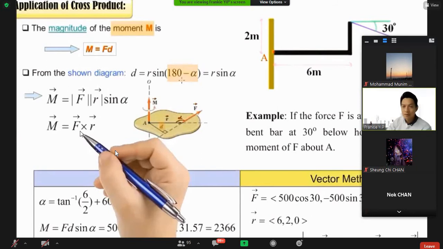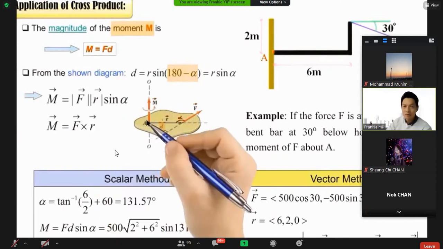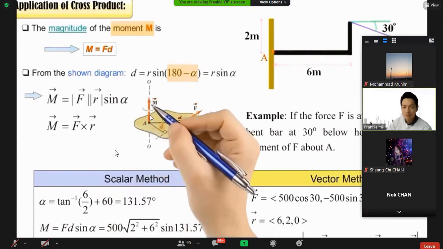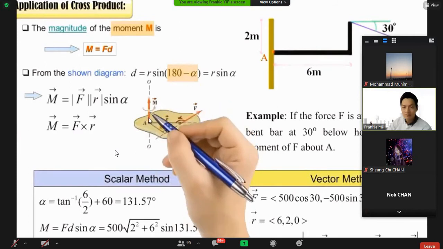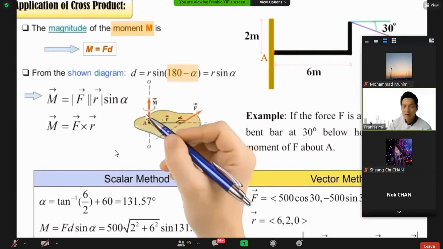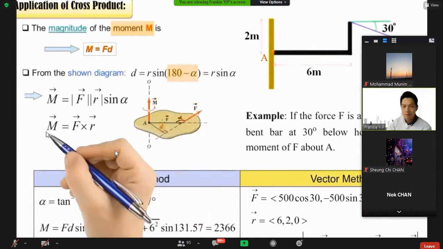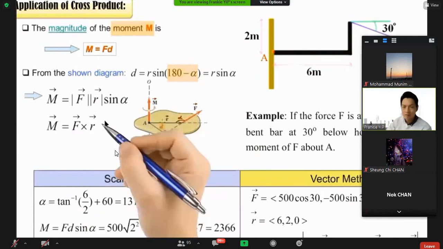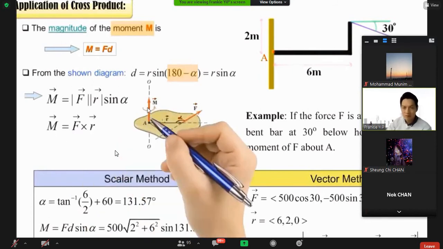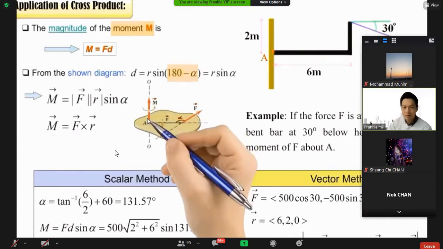And I would like to let you know the final result is also a vector. It's pointing upward, along the axis. So I still keep the vector property. I don't want to have the scalar. So I put the vector M here along the axis.